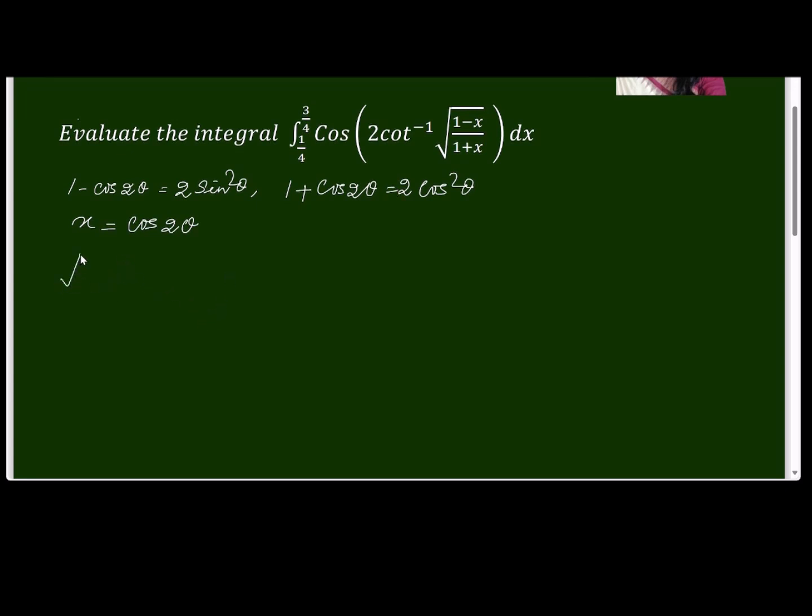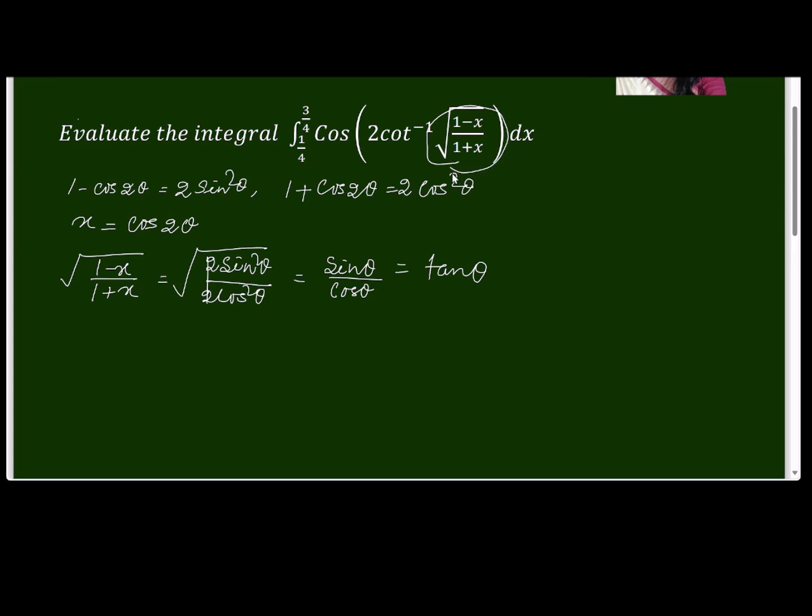The square root of (1 minus x) upon (1 plus x) will be the square root of 2 sine square theta over 2 cos square theta. The 2 cancels, it will be sine theta by cos theta, that will be tan theta. So this becomes tan theta.